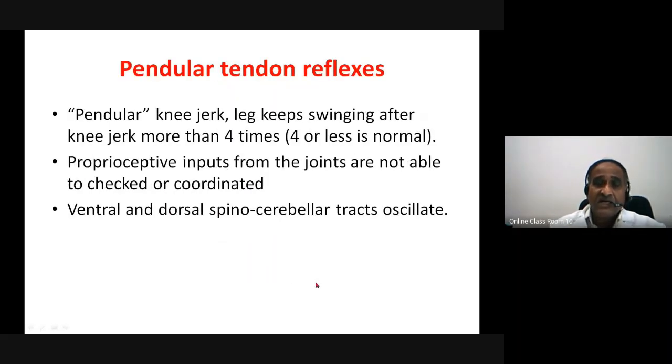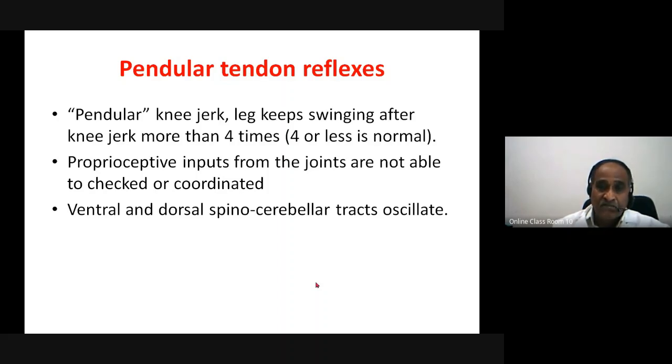Now coming back, the tendon reflexes. When you elicit the knee jerk, there will be a sudden change in the direction of the knee joint, and there will be pendular actions. The swaying or swinging of the knee happens maybe 3 to 4 times, or 2 to 3 times.